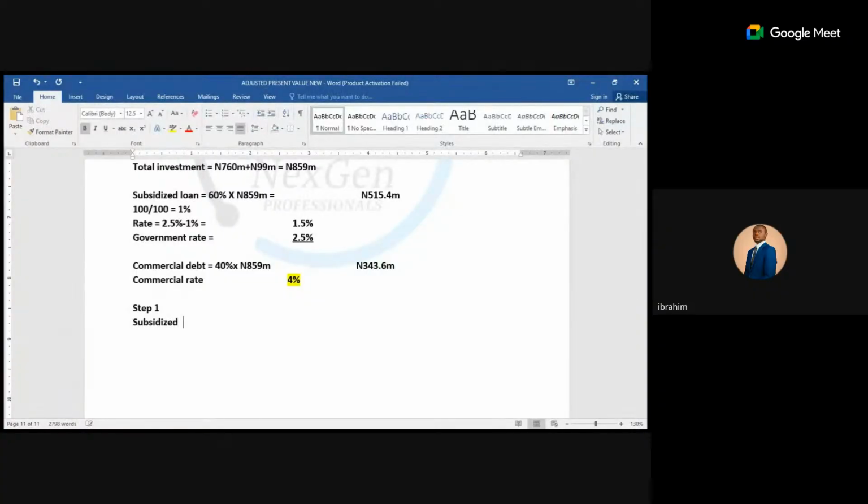So this subsidized loan is 515.4 M. Issue costs of 2%. So that is 2 divided by 98 times 515.4.